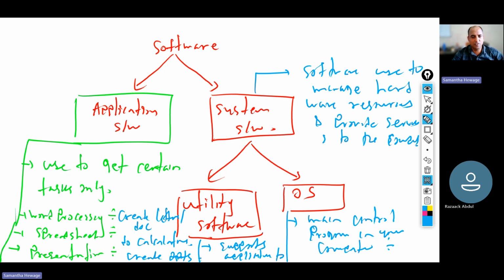So by next week, we'll start from here, because we want to dig into what the application software are. We have come across some of them, but we have to know all the features, and we should know what the system software are, specifically what the utility software are. For example, we have interpreters, debuggers, translators, compilers. Those are utility software.